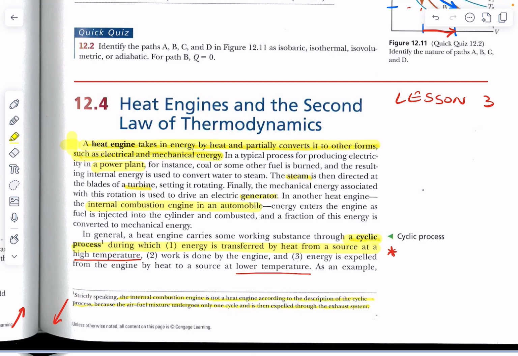A heat engine takes in energy by heat, converts some of that energy to some other form, such as electrical or mechanical, and then does that again and again and again. A good example might be a steam engine.